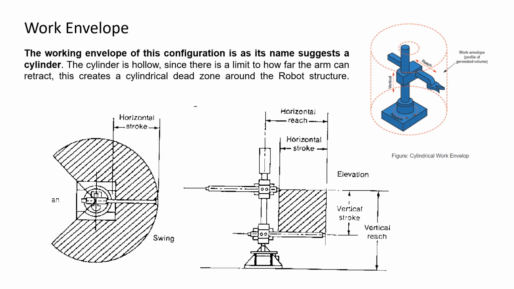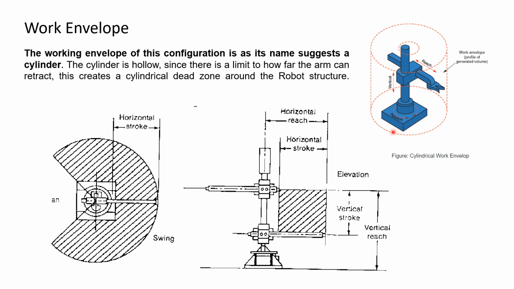So work envelope, as we discussed, the work envelope configuration suggests the work envelope volume type also. So it will be like a cylinder. So here you can see the horizontal stroke, the vertical reach, and this will show its work envelope.